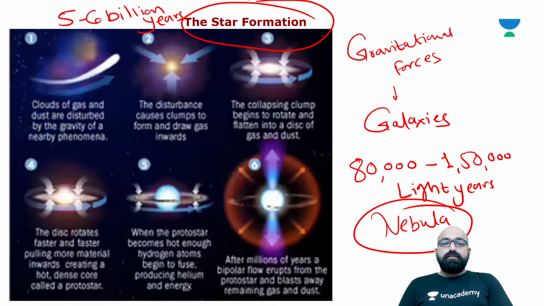Then the disk rotates faster and faster, pulling more material inwards, creating a hot, dense core called protostar.